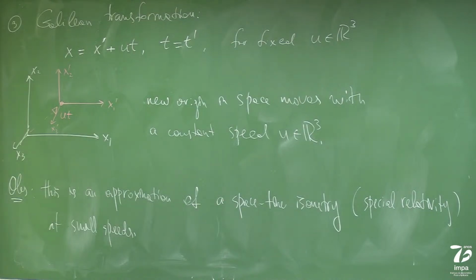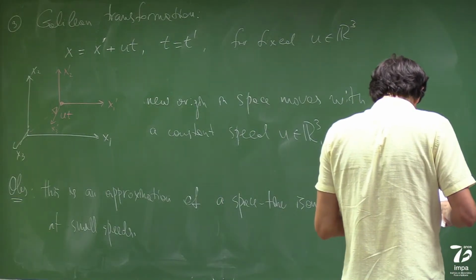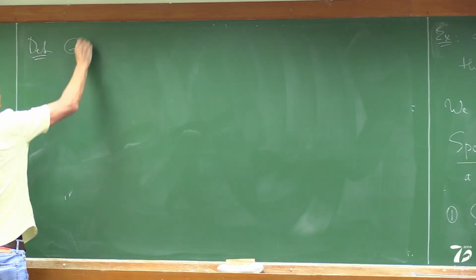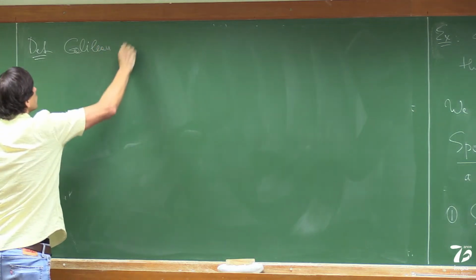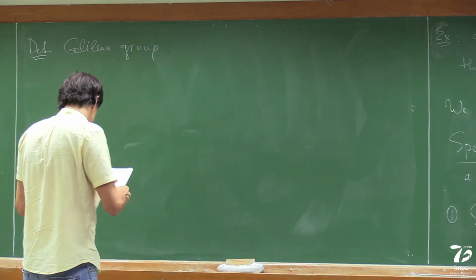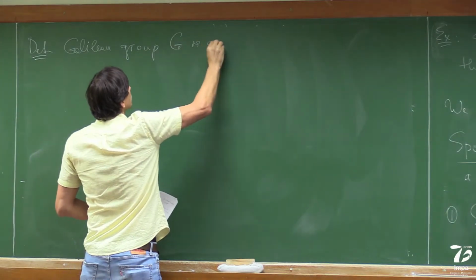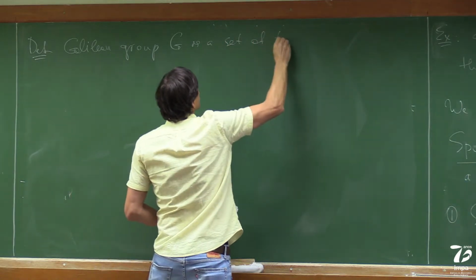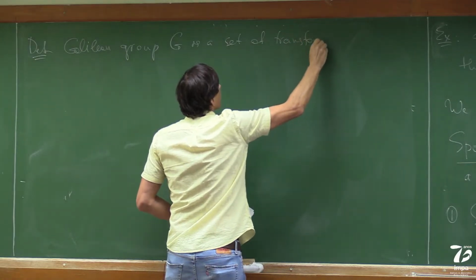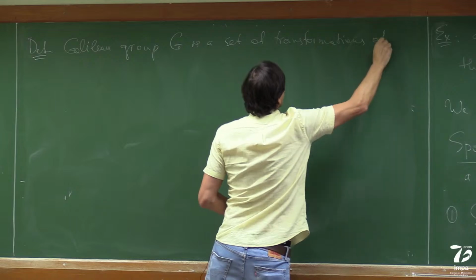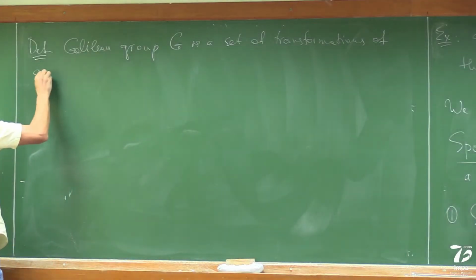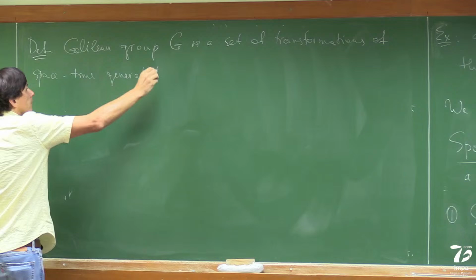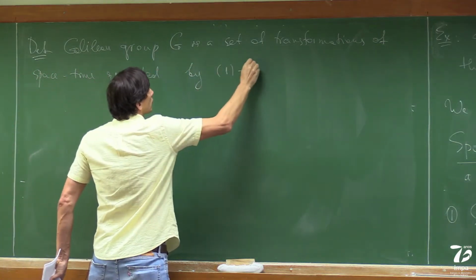So we can define a Galilean group G as a set of transformations of space-time generated by 1, 3.